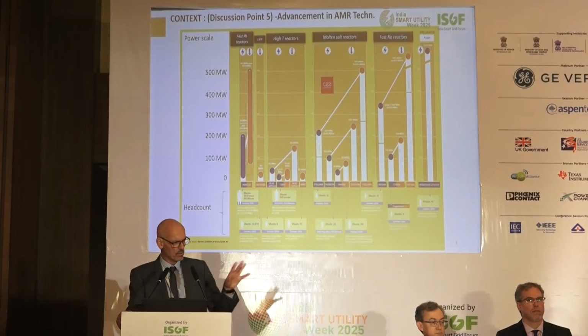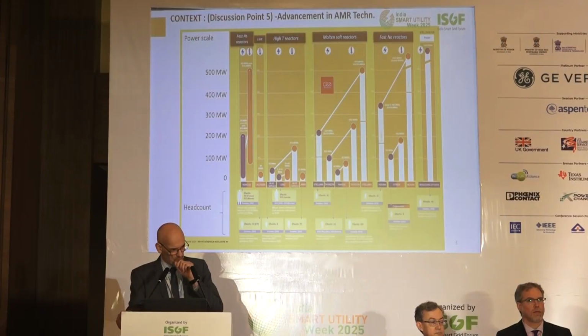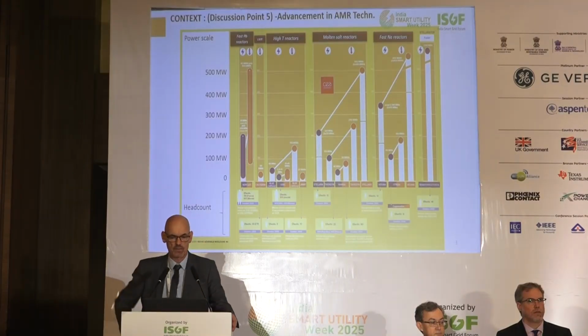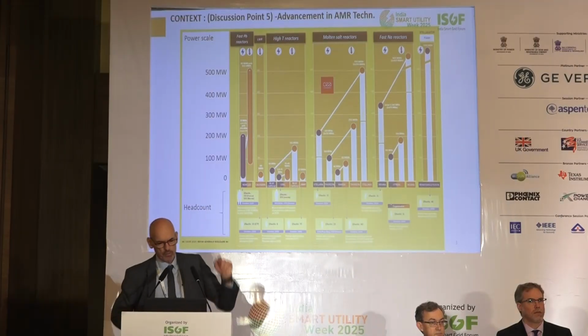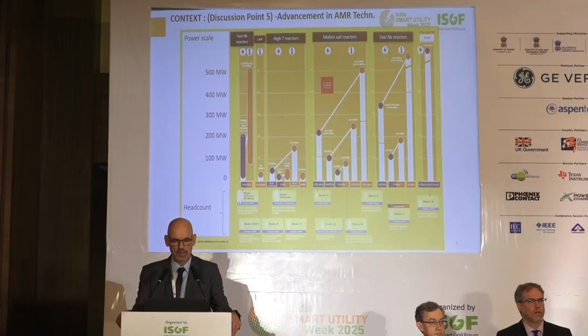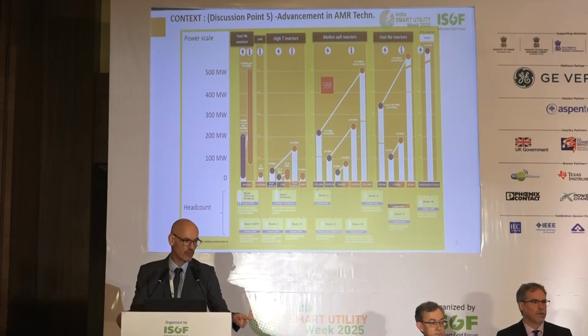So here is a general picture of the SMR and AMR projects currently developed in France. There are 5 types of technology. You see that at the top of the picture. So fast lead reactors, light water reactors, high temperature reactors, molten salt reactors, and fast sodium reactors.